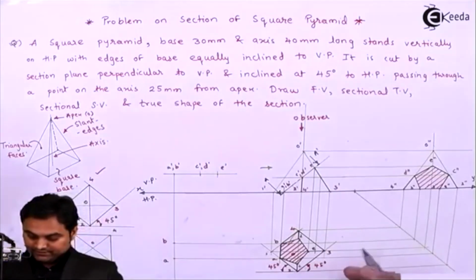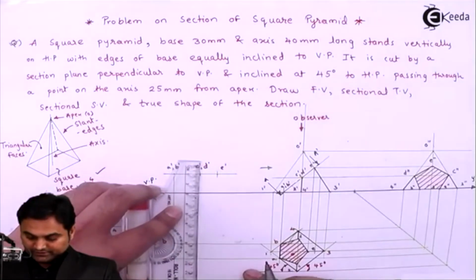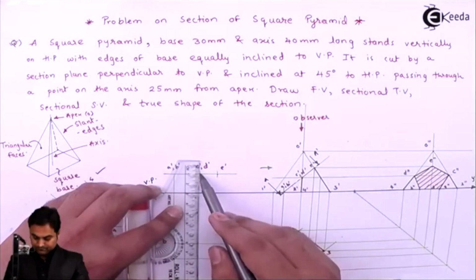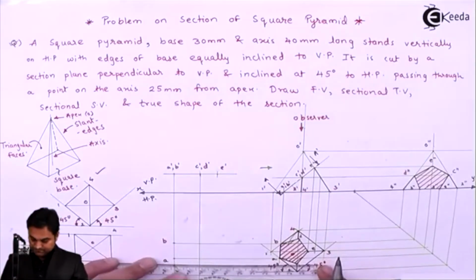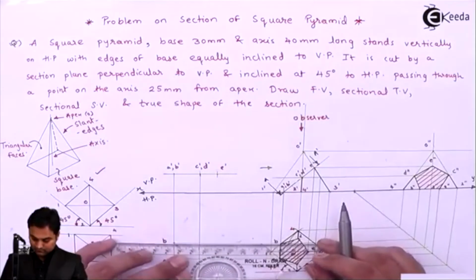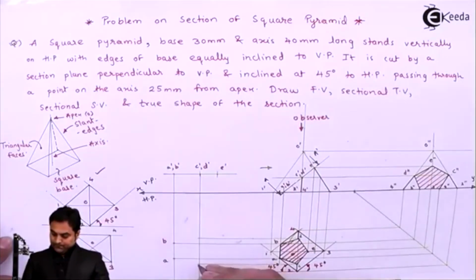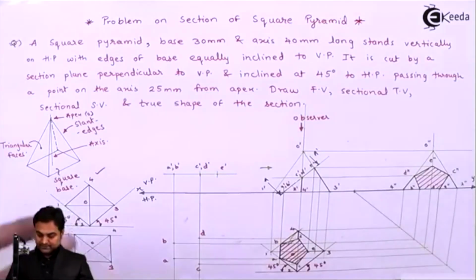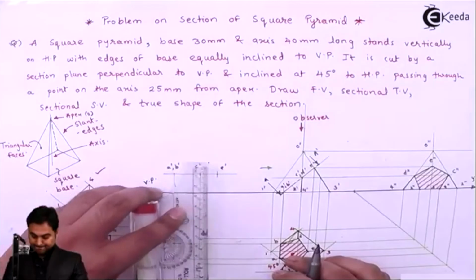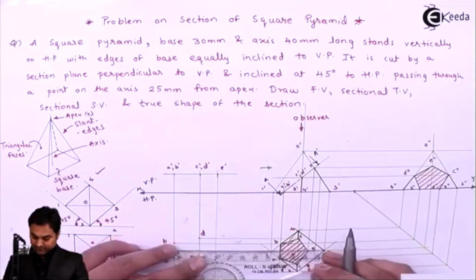Next C and D, so C dash D dash will be projected vertically down, point C, and point D. Then point E dash and point E from the top view.